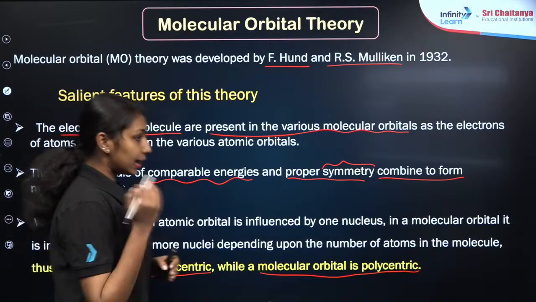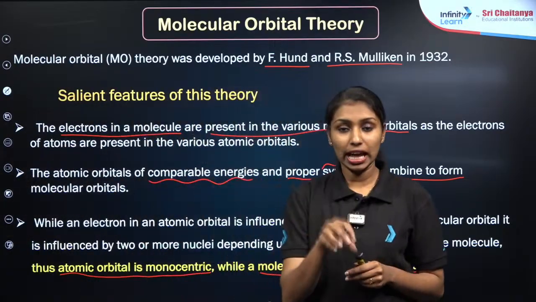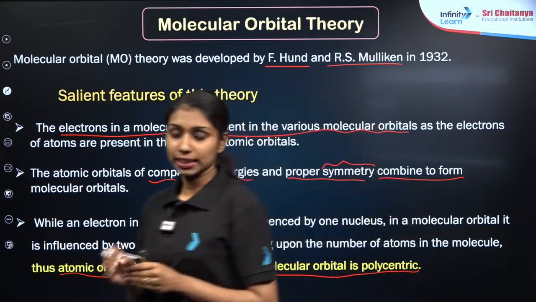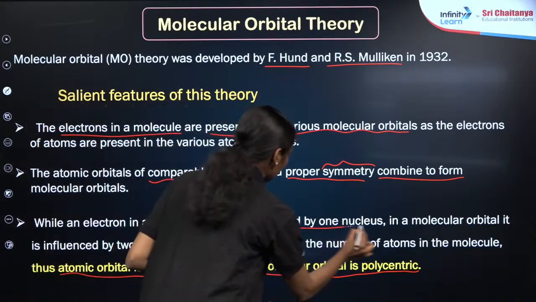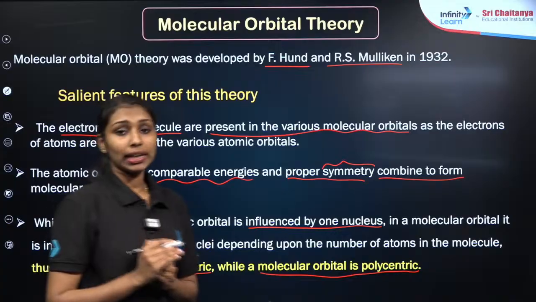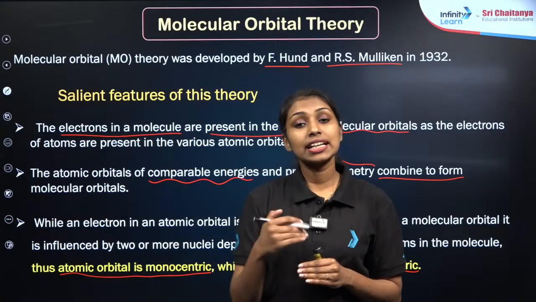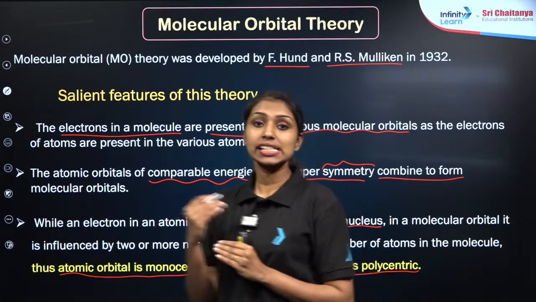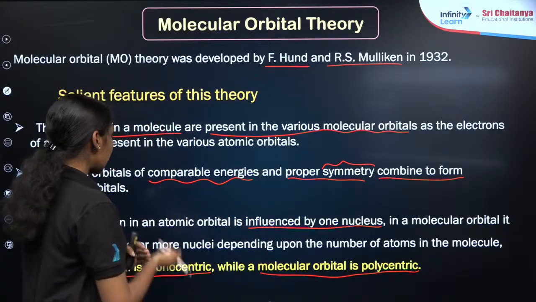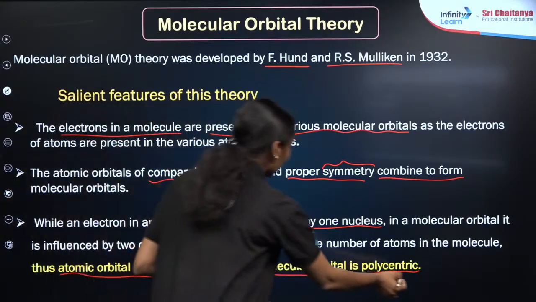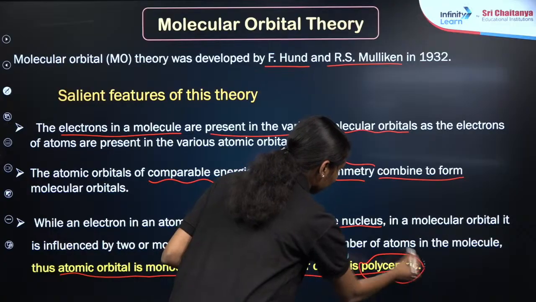In the case of an atomic orbital, only one nucleus is present. If you are considering only one atom, it is influenced by one nucleus. Whenever we are considering a molecular orbital, it is about the molecule. It contains more than one atom, which means two or more nuclei are present. That is why the molecular orbital is called polycentric. Clear?